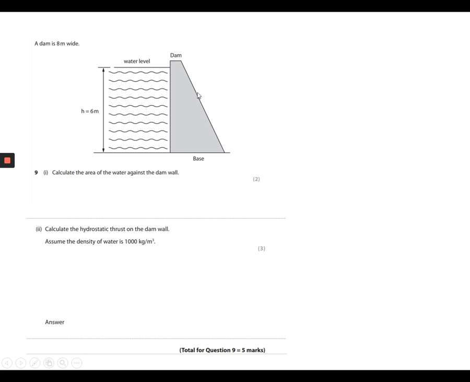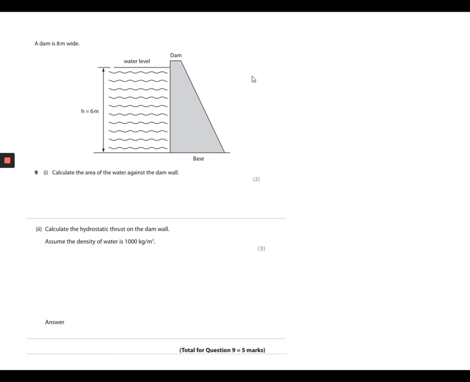So for your depth, we have to take the average depth to give an average force, which is a more useful figure for us to use. So you have to try and remember that h is half of the full depth. So in this case, we would use 3 meters as h.